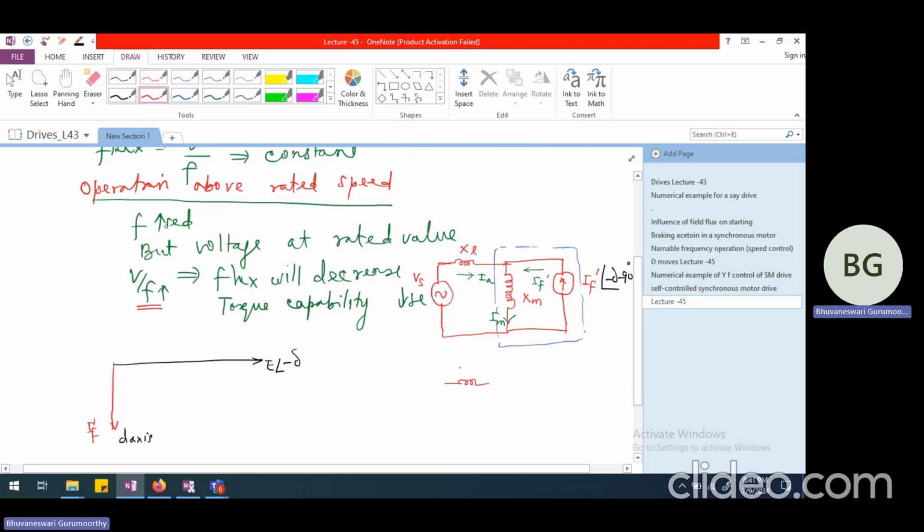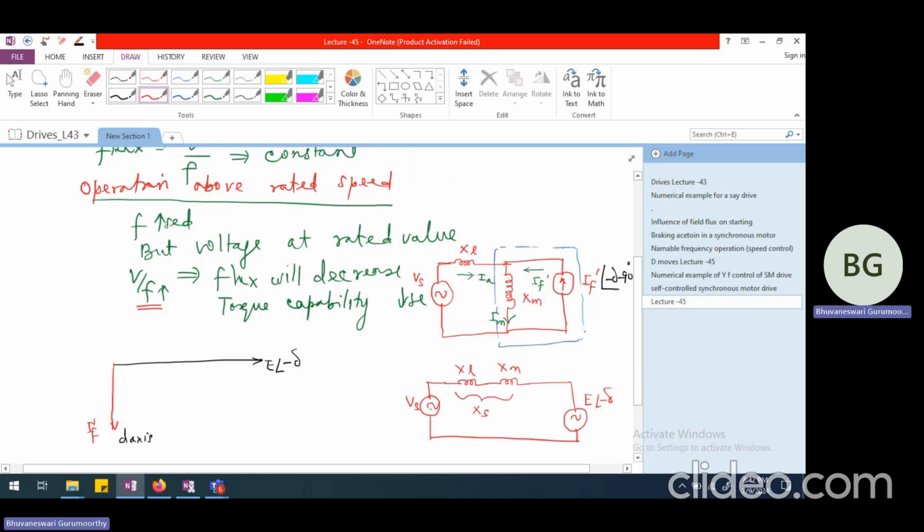This is XL, and I'm going to have XM here, and here Xm multiplied by IF is E. So I can write this as E angle minus delta, and this side we have Vs angle 0, and these are connected together. These two put together we can call the synchronous reactance, XS.